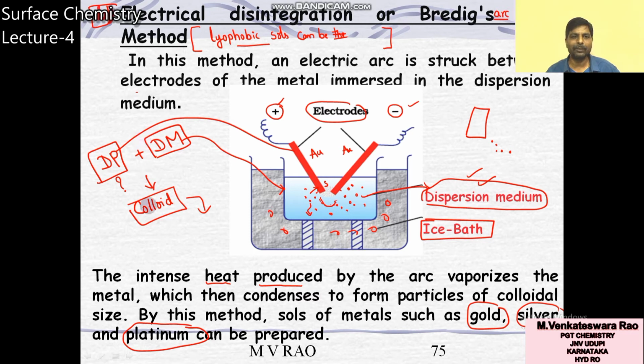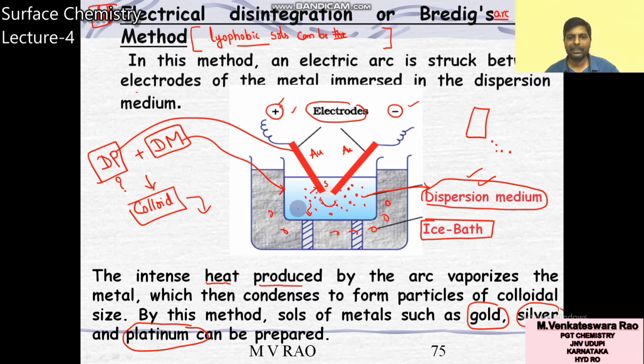Once again I will explain. In this method, an electric arc is struck between electrodes of the metal immersed in the dispersion medium. So here are plus and minus electrodes of some metal. Because of these electrodes, intense heat is produced. Because of this heat, the arc vaporizes the metal.